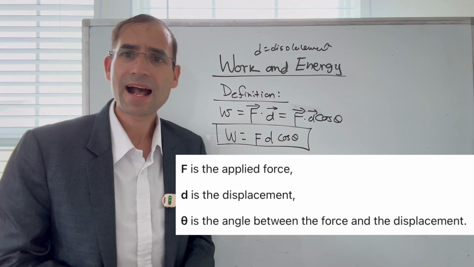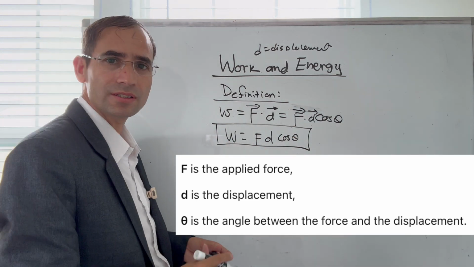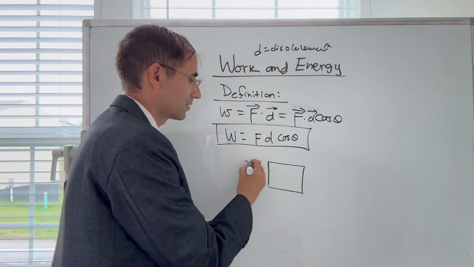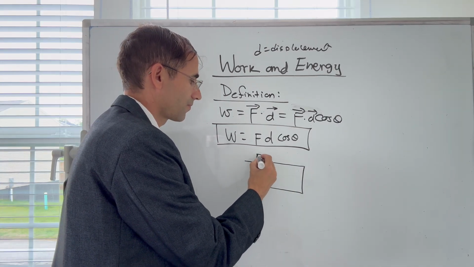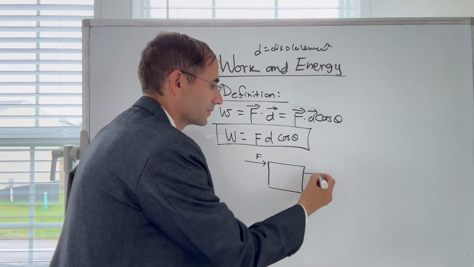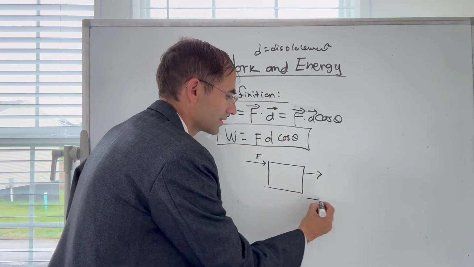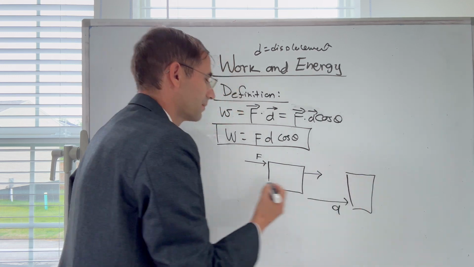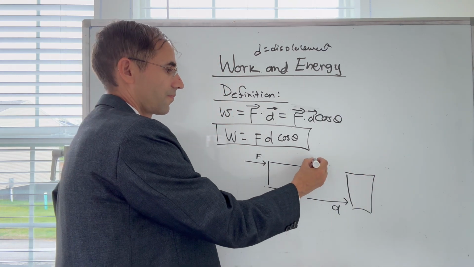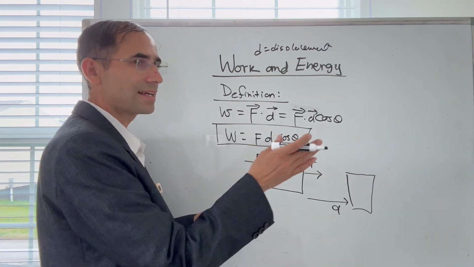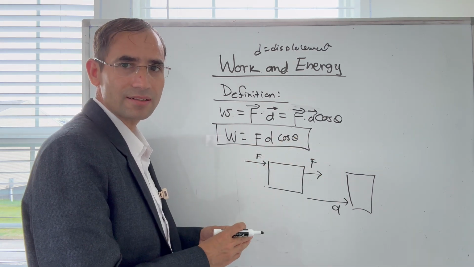So let me ask you a question here. Suppose you are applying the force in this direction and the object is displaced in this direction. The displacement is now this much, and the object reaches here by using this force F. Then force and displacement are in the same direction, parallel to each other.